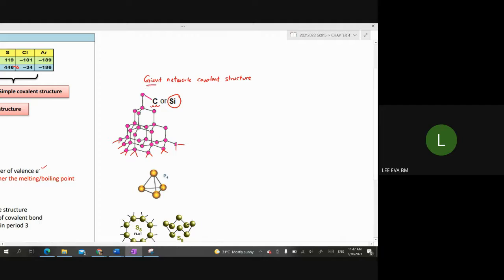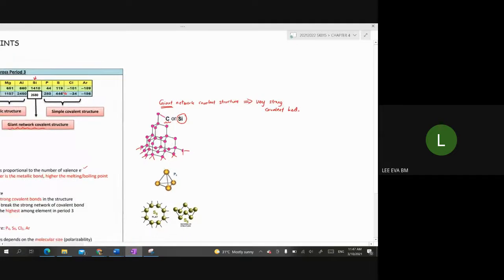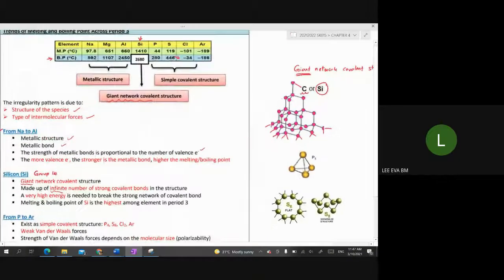And you must link it to this: when you have a giant network structure, you will have very strong covalent bonds. When we say strong covalent bonds, in this case, it links to a very, very high melting or boiling point. That means you require a lot more energy to break this bond. Sampai sini boleh terima untuk structure silicon?